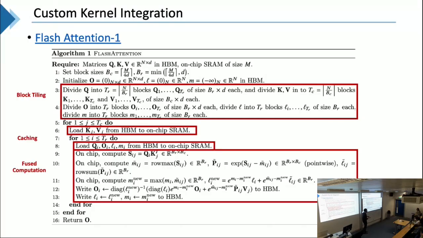So this is all the data stored in your high bandwidth memory, your global memory, and this for loop is just the forward pass. When you do this backward pass, because in your high bandwidth memory you only have these output matrices and you don't have these probability matrices, you need to do this recomputation to get this P, because you anyway need to update the gradient involving different tensors. So this is the reason why a recomputation is required in the backward pass.